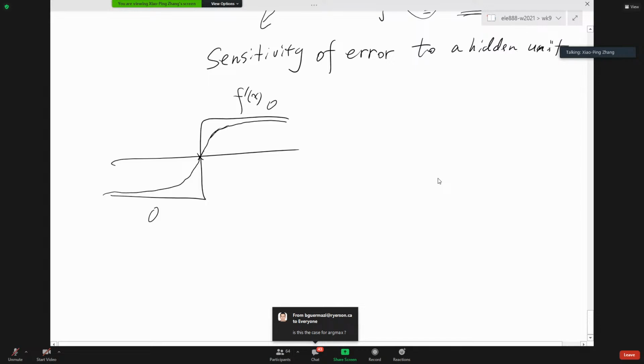What do you mean? Is this the case of argmax? You can compute the loss, but you cannot compute the derivative. Because if it's a sign function, for the forward operation there's no problem. If you have input, we can always compute the linear combination, and we can always find the sign of the output.